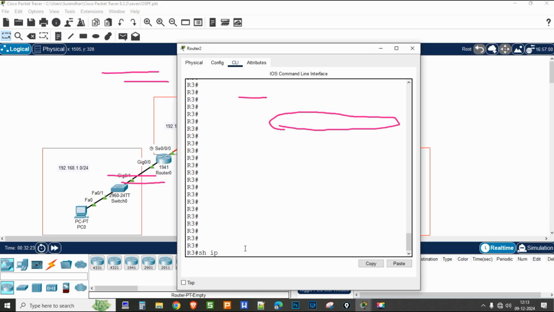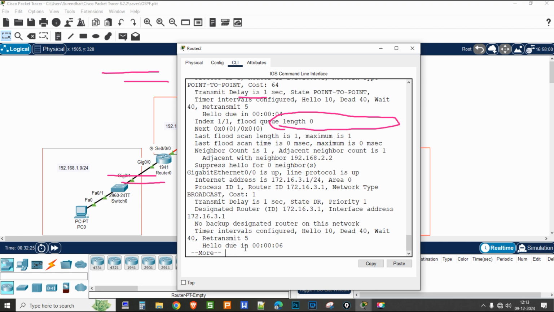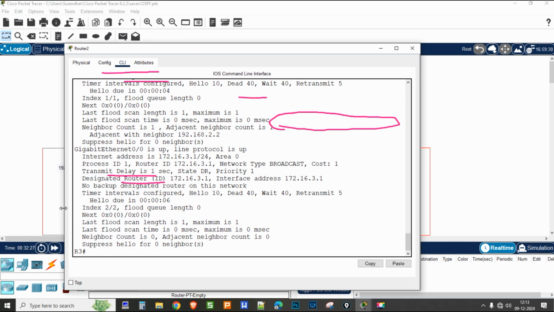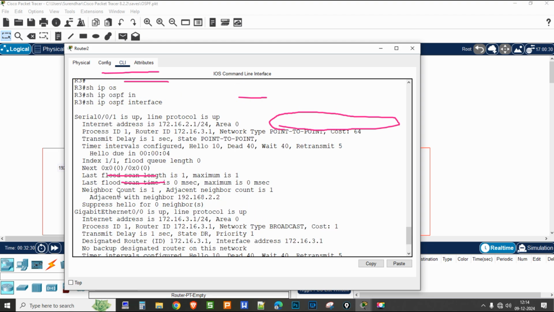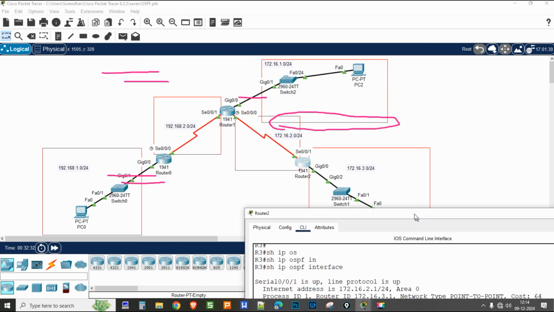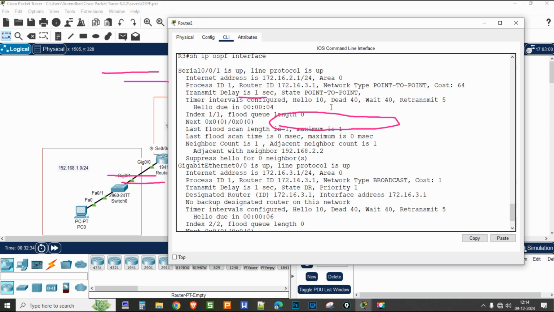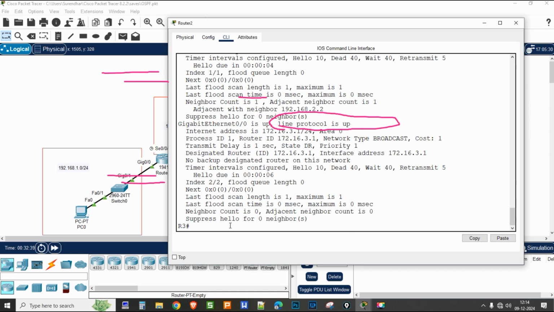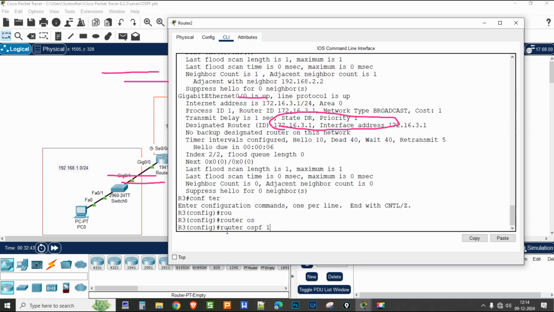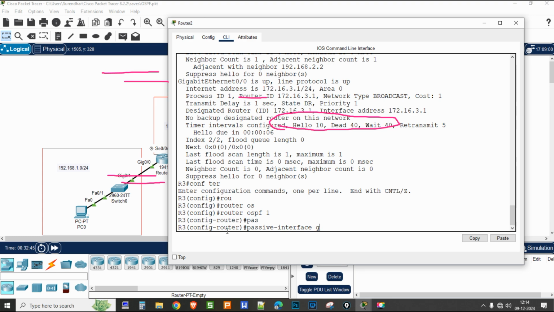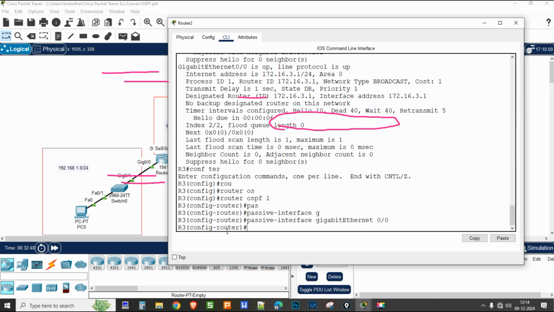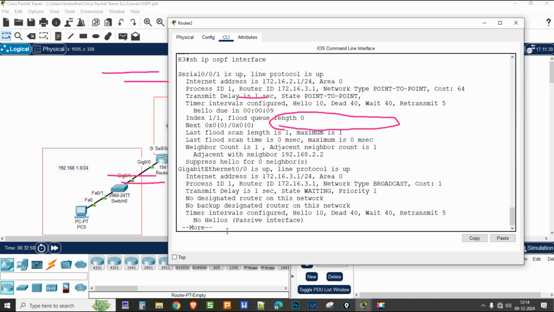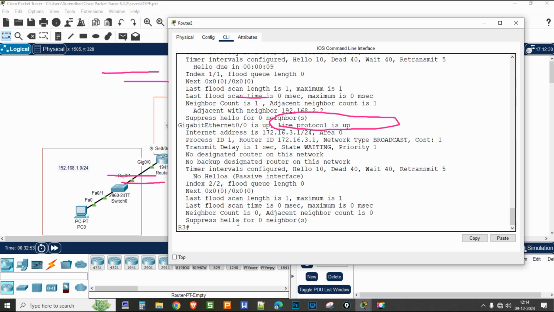Show IP OSPF interface. It does not need the inside LAN interface. And go to the command router OSPF 1, passive interface GigabitEthernet 0/0. Yes, correct.